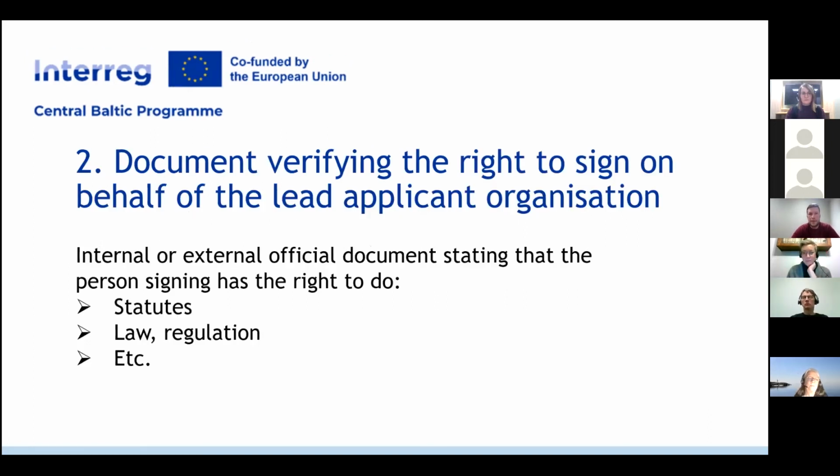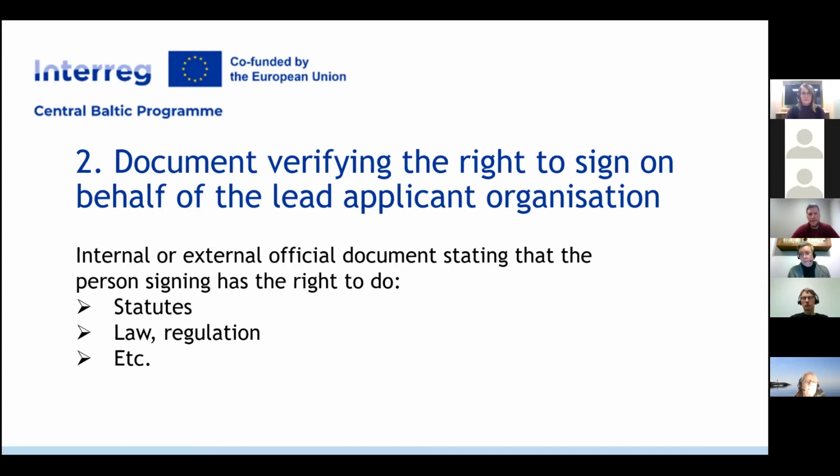The second document you should submit together with the application form is a document verifying the right to sign on behalf of the lead applicant organization. So this means that only the lead applicant organization submits the document. And what could be this document?